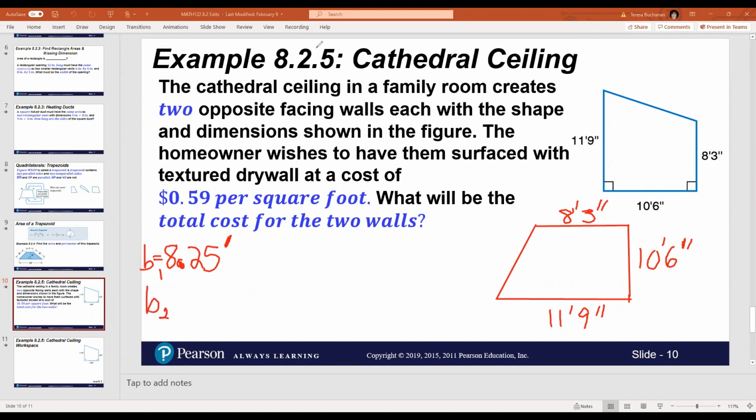Second base then, that 11'9", what can I say about that? 11 feet 9 inches. Well, 9 out of 12, as a fraction, reduces to 3/4. So this is actually 11.75 feet. Again, I can get away with using the decimal because 75 hundredths of a foot is the same as 3/4. 9 out of 12 inches is exactly 3/4 of a foot.